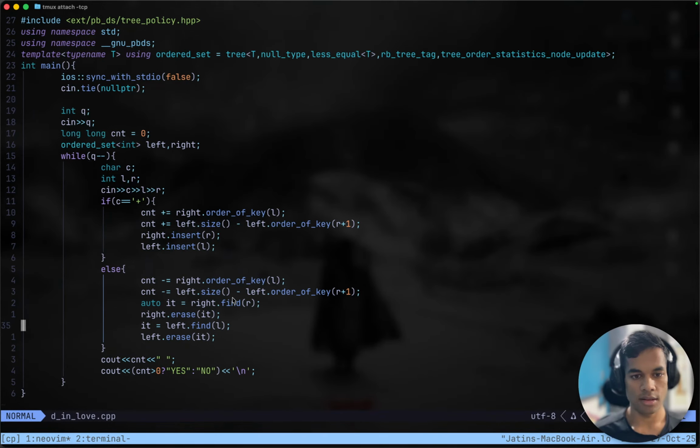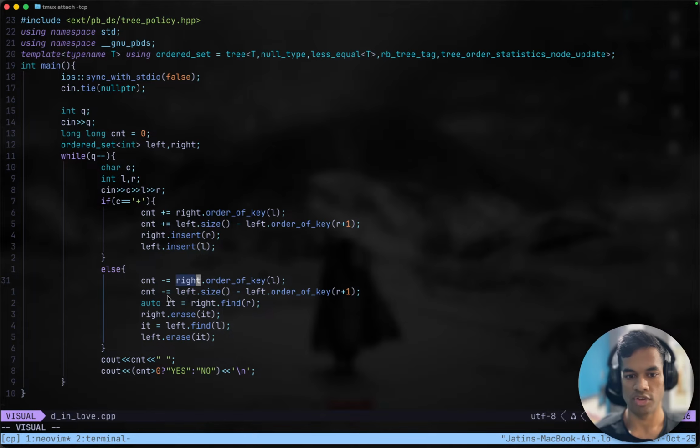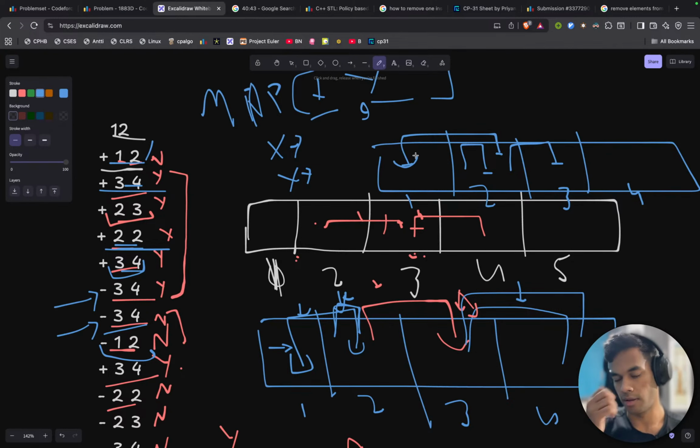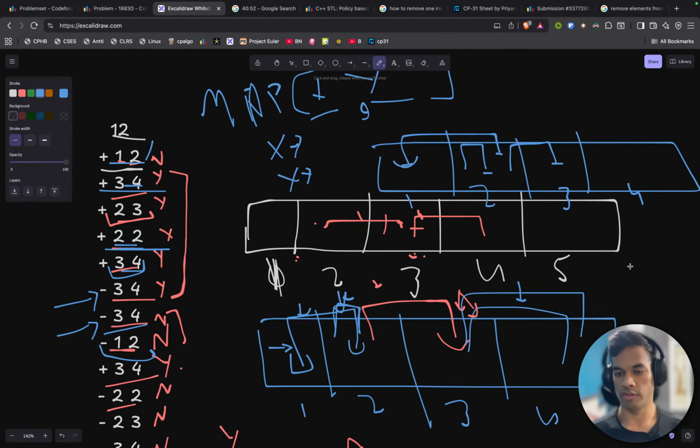And when we are checking the left side, on the right we are checking side L. That is right order of left. On the right, we have 2, 2, and 3. We are checking the left value, like how many elements is this value greater than, which is none, this is smaller than all of them, not a single one. Then here we are checking left dot size, which is 3 at this point.